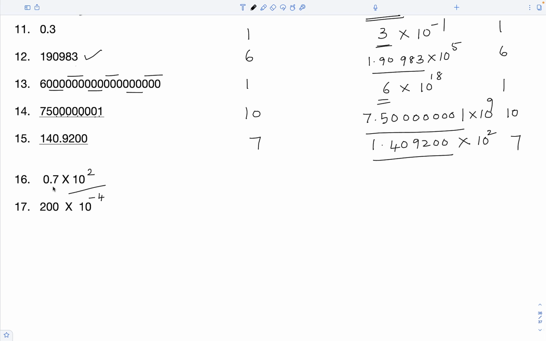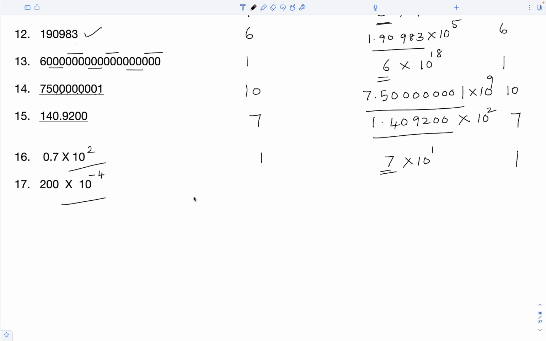But how many significant figures are there in this measurement? There is only one significant figure, and the correct way of writing it in scientific notation is 7 multiplied with 10 to the power of 1. The magnitude of this significand must be between 1 and 10. And this significand tells that there is only one significant figure and there is only one digit in it.